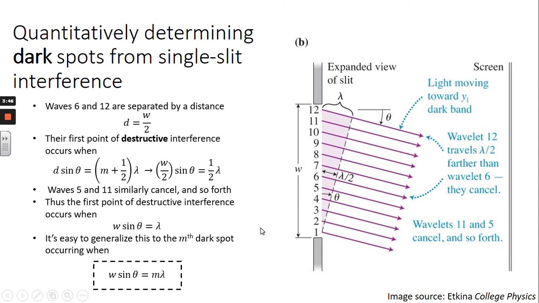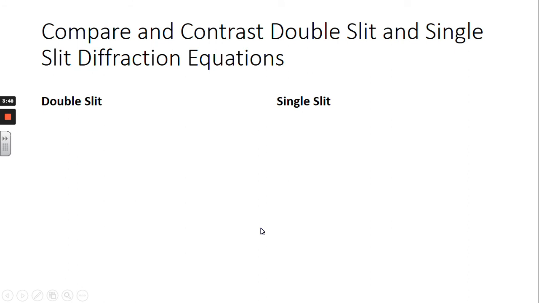Let's talk about this equation some more. In particular, I want to compare and contrast the double slit and single slit diffraction equations. For a double slit experiment, d sine theta equals m lambda. d is the separation distance, theta is the angle from the point between the slits to a point on the screen, m is the order of bright spot you're talking about, lambda is the wavelength.